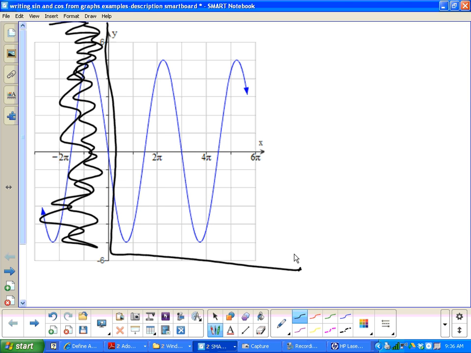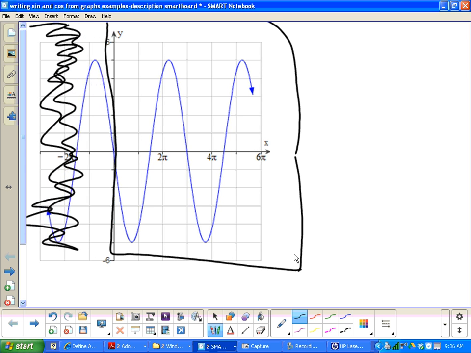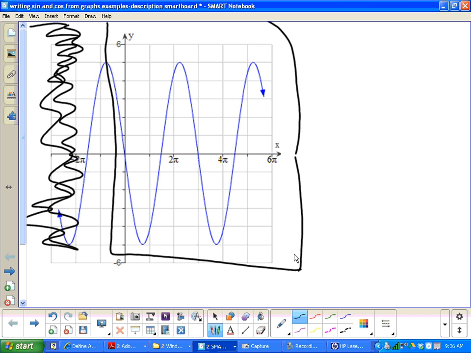Alright, so this part. Now, on your graph here, what I want you to do is go from the y-axis forward, and figure out what's the period.